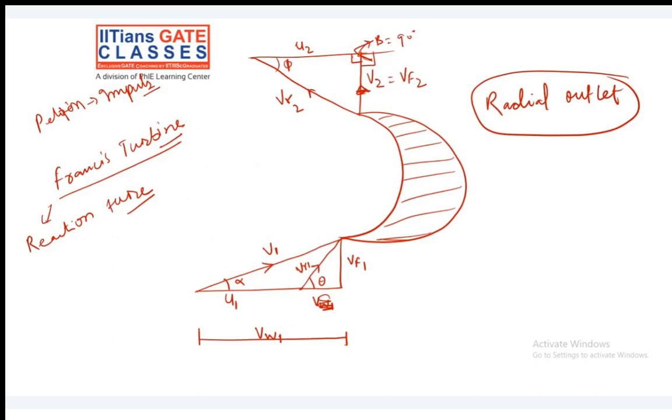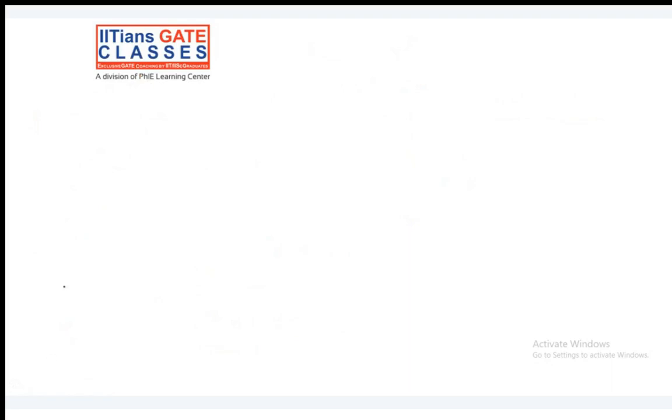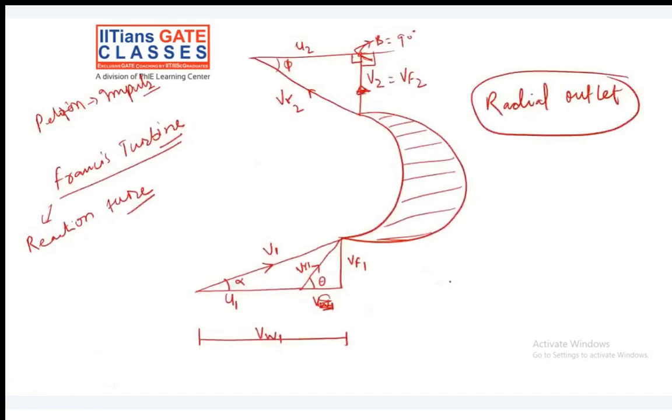And before understanding draft tubes, let us understand a few more things. From this velocity triangle, can I write a few things? Can I write down that V2 is equal to Vf2? Yes, sir. And can I write down that V1 square is equal to Vw1 square plus Vf1 square?